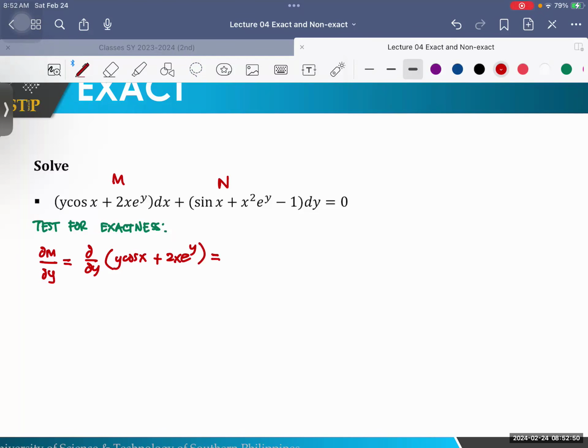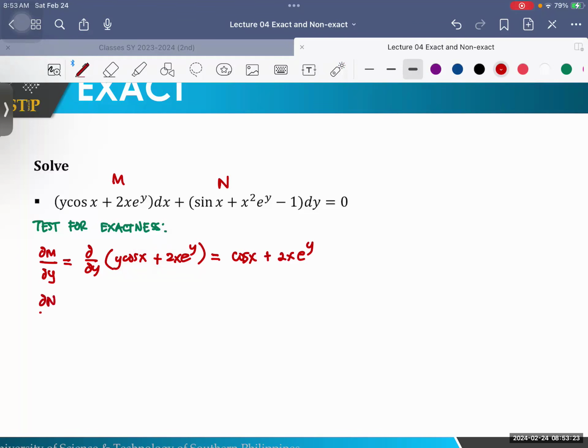Okay. So, you know, it is easy because one variable is considered constant. So, what happens with cosine x here? It is considered constant. 2x is also considered constant. So, the first term will just become cosine x if you differentiate with respect to y. Okay? What happens to 2x e to the y? The 2x, copy it because it is constant. The e to the y, when you differentiate, is still e to the y.